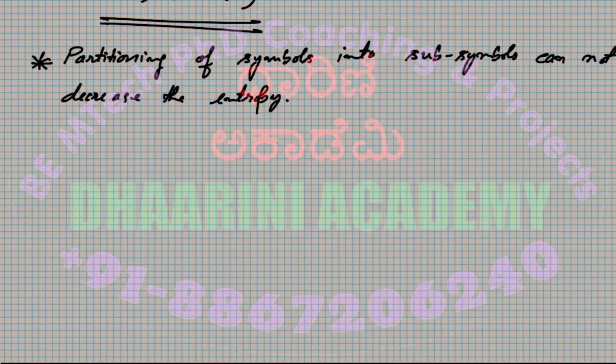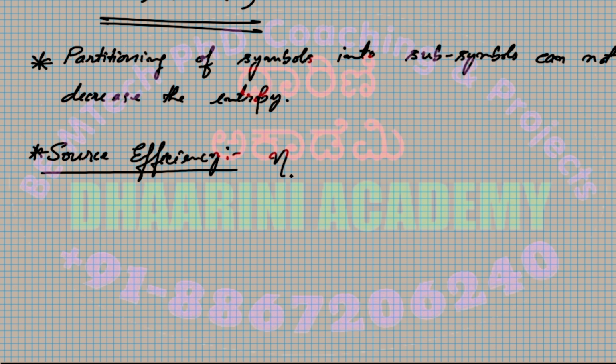And let's go for a term. Let's define a term, and this is called the source efficiency. Source efficiency is denoted by eta, or eta s in some of the textbooks, doesn't matter.